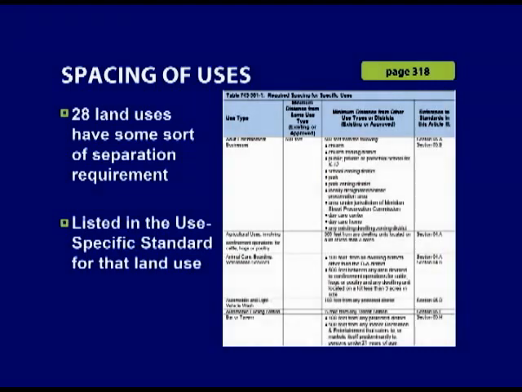The first thing in there is the spacing of uses, or the separation of uses. We don't have many of them. We do have 28, but in the scheme of things, it's not all that many. We have 28 land uses that have some form of separation requirement. Either they have to be separated from another use like them, or they have to be separated from another district or a protected district.